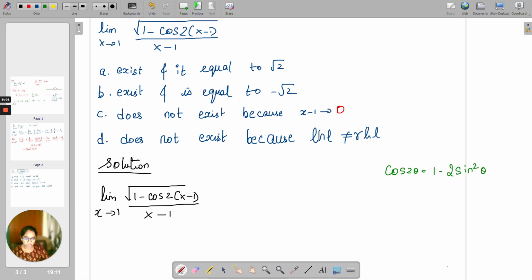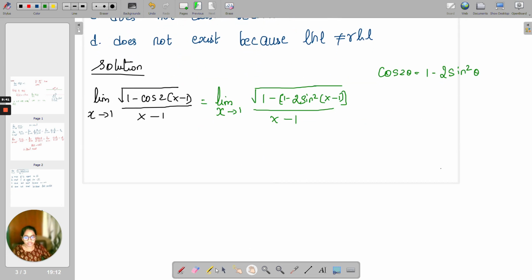Okay, so from here, we have in the place of theta, x minus 1. So I can write it as limit x tending to 1, square root of 1 minus, in the place of cos 2 into x minus 1, I am replacing it with 1 minus 2 sine square x minus 1. Agree? This thing divided by x minus 1.